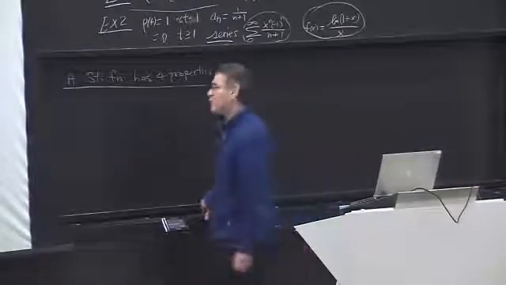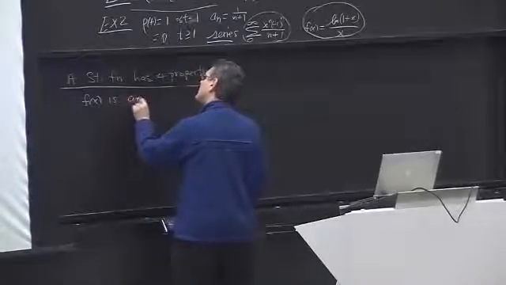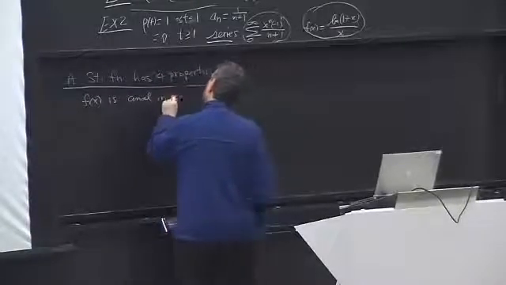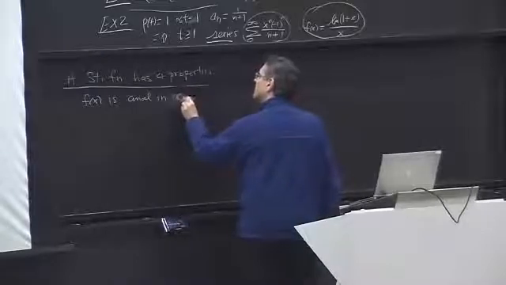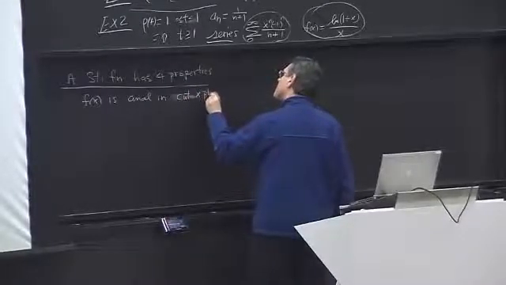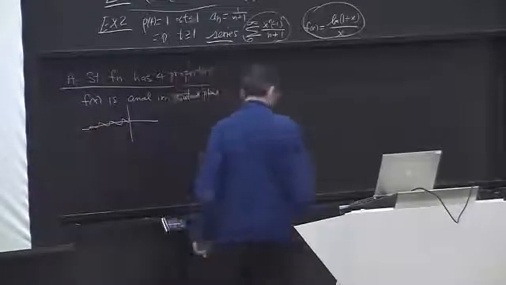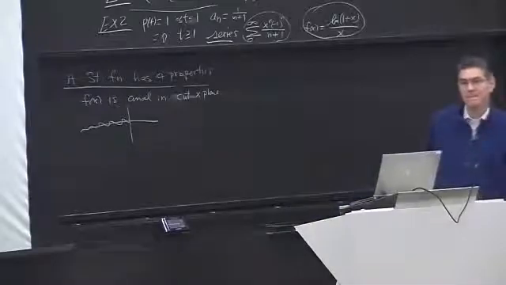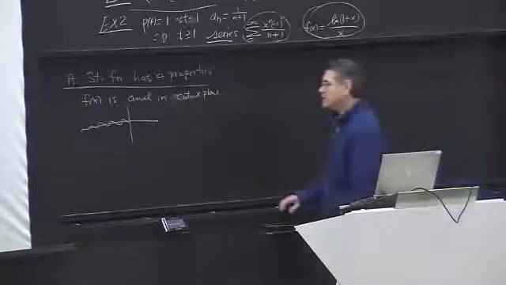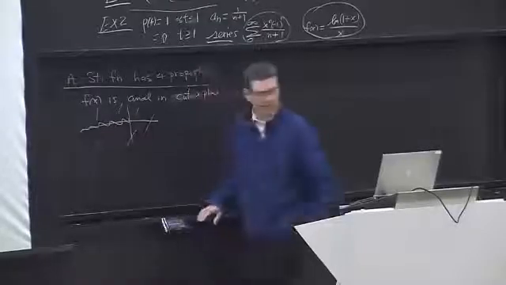A very important property is that f of x is analytic in the cut x-plane, with a cut on the negative axis. It's guaranteed to be analytic everywhere except on the negative axis.